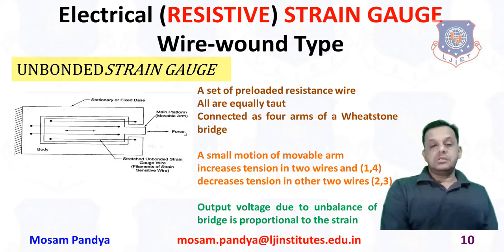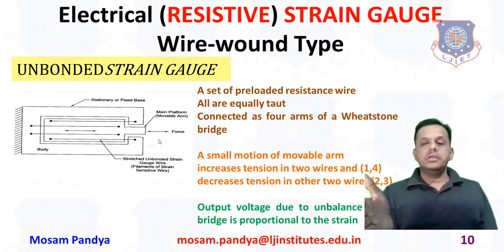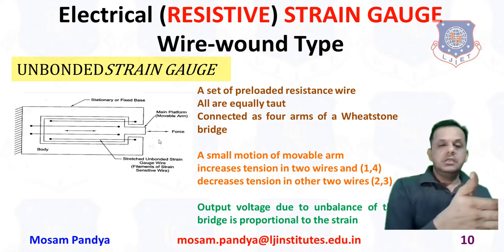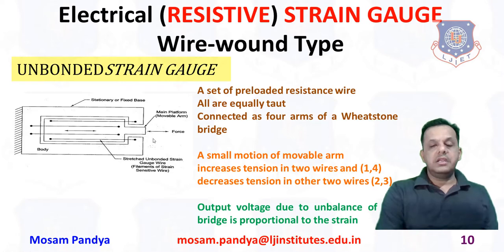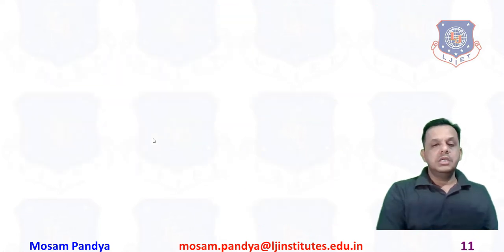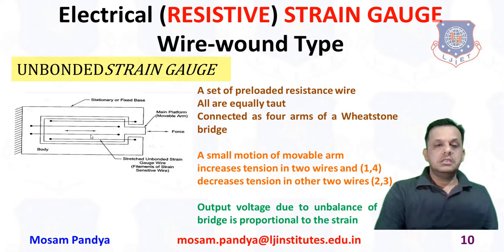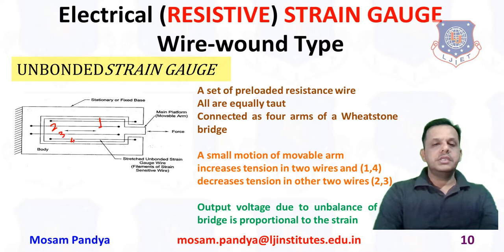Now when force is applied, say right now force is applied from right to left, there will be 2 wires, wire number 1 and wire number 4. Let me give wire numbers for you: this is wire number 1, wire number 2, wire number 3, and the 4th grid wire.